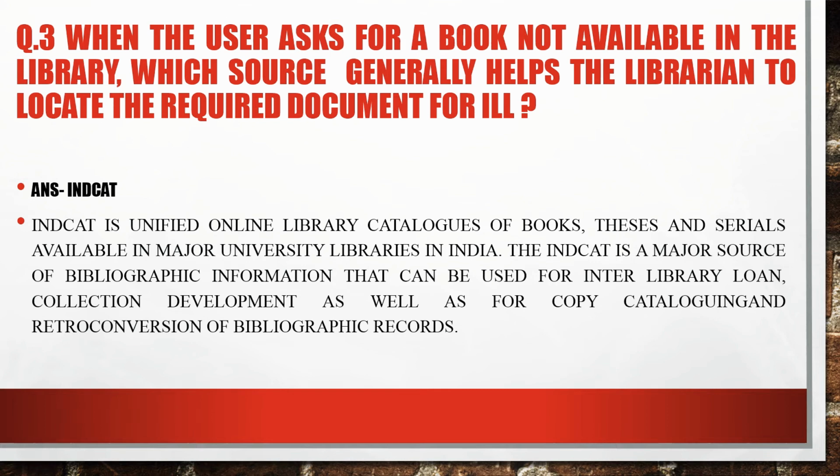The INTCAT is a major source of bibliographic information that can be used for interlibrary loan, collection development, as well as for copy cataloging and retroconversion of bibliographic records. That is why whenever the user asks for a book not available in the library, the source that helps the librarian locate the document for interlibrary loan is INTCAT.